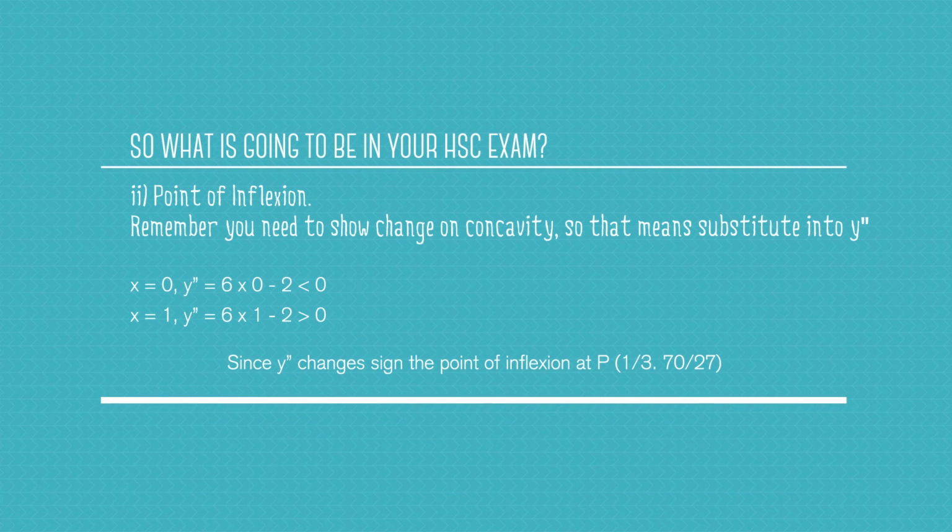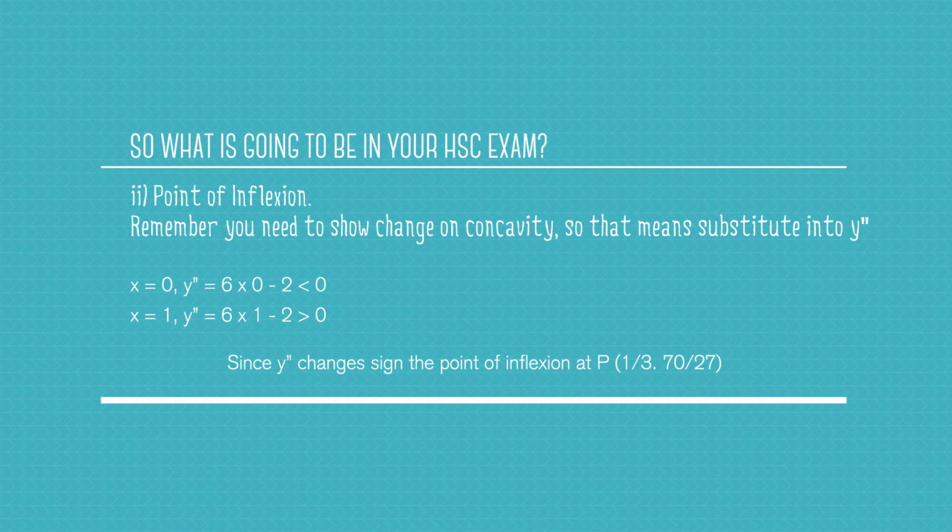For point of inflection, the biggest downfall for students is they do not show there is a change of concavity. They solve it, but they don't show there was a change of concavity. Now this question in 2015, you were told there was a point of inflection at x equals a third. Now it's okay to use values either side.